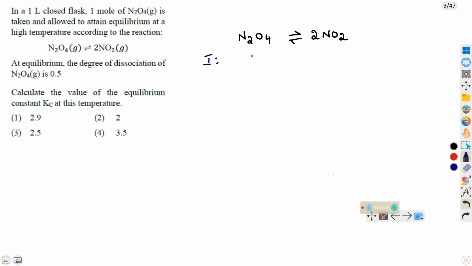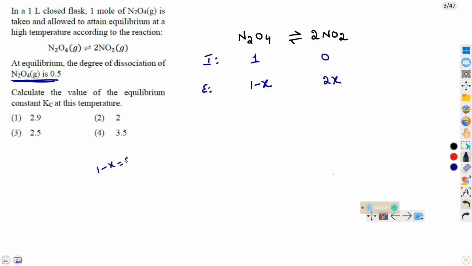Initially, only reactants are present. Reactant concentration is 1, product concentration is 0. At equilibrium, suppose X amount of the substance has reacted: 1 minus X, 2X. Here, what is given? At equilibrium, the degree of dissociation of N2O4 is 0.5.